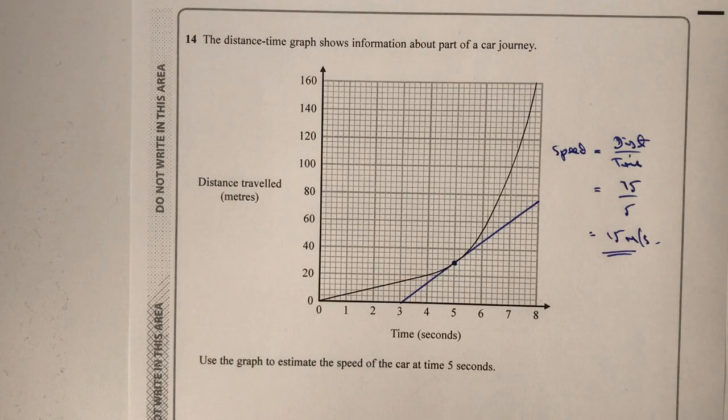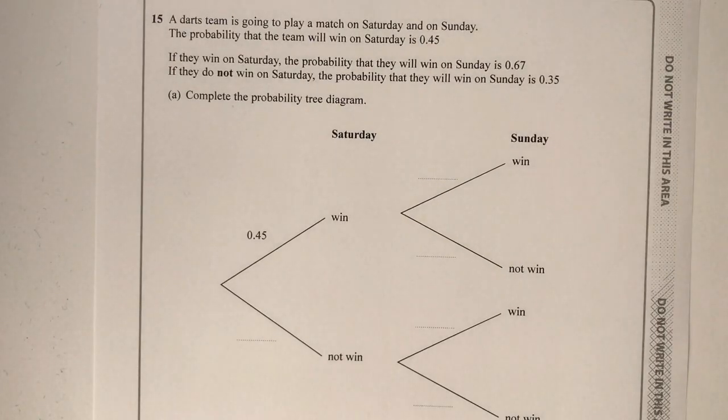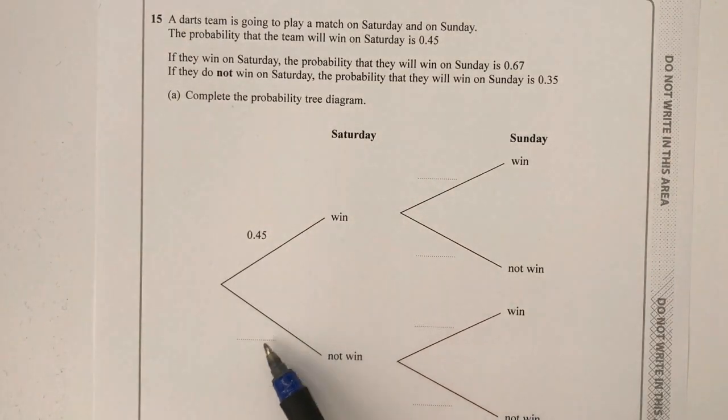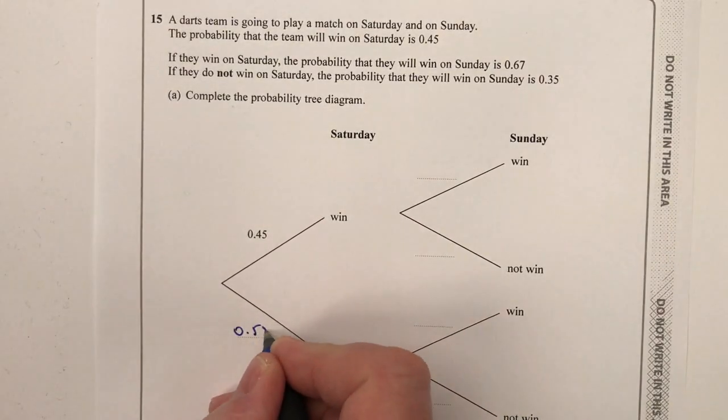Let's move on then to question number 15. We've got a nice probability tree here. Like a lot of similar questions, they ask us firstly to fill out and complete the probability tree diagram. You can see from the diagram that if the probability of winning is 0.45, the probability of not winning, or losing, is 0.55.